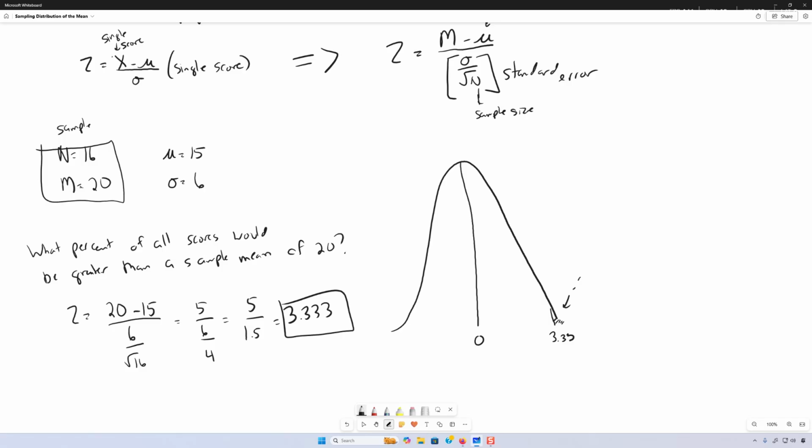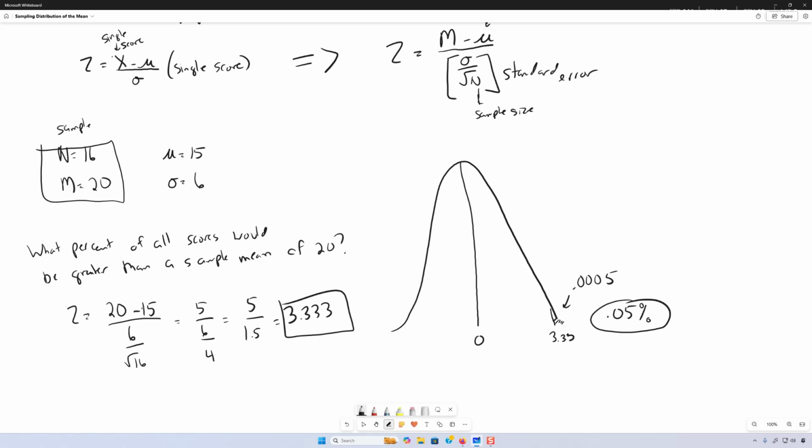Move the decimal point 2 spaces to get the percent, so it's 0.05%. So 0.05% of all samples would have a mean greater than 20.